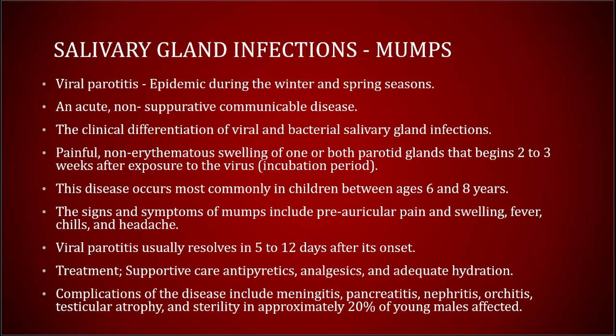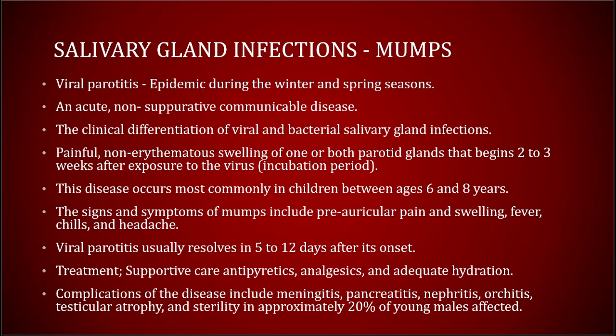If it's viral, there will be no pus discharge. Now, sometimes mixed can happen, viral and bacterial, or super infection as we call it. But if it's just one of them, if it's viral, there will be more lymphocytic infiltrates with normal to slightly raised white blood cell counts.